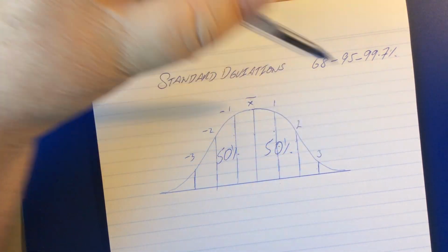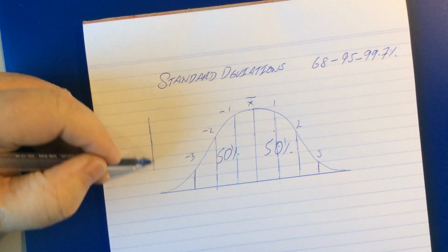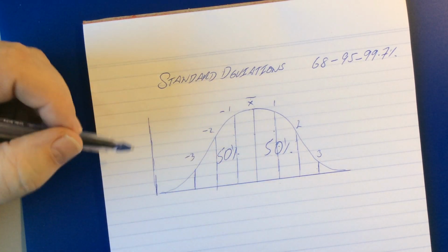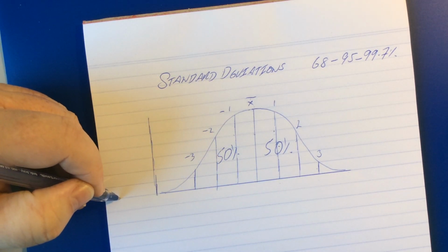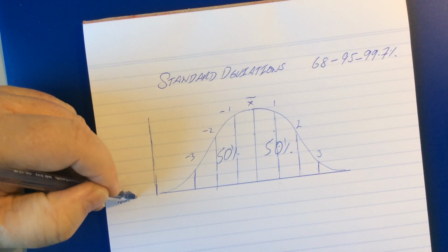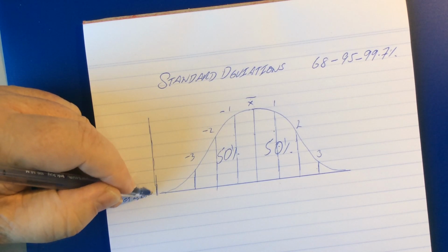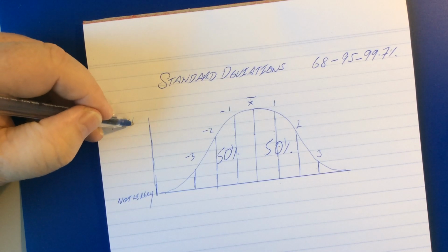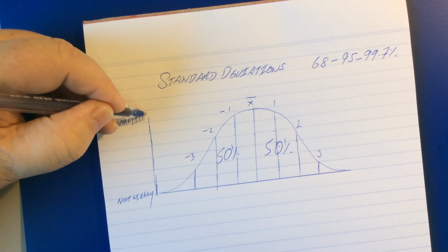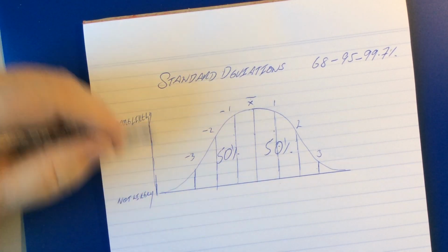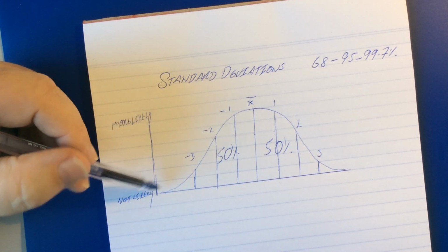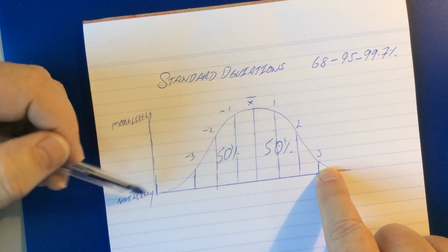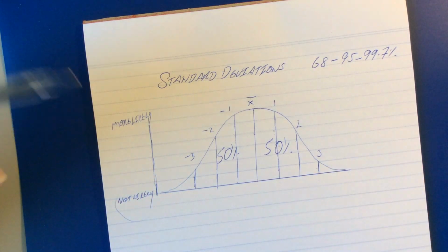Now, the scale on what we might refer to as the y-axis of this graph runs from not likely to more likely. So this is a measure of probability. Something that's 3 standard deviations in either direction from the mean is a kind of unlikely piece of data.